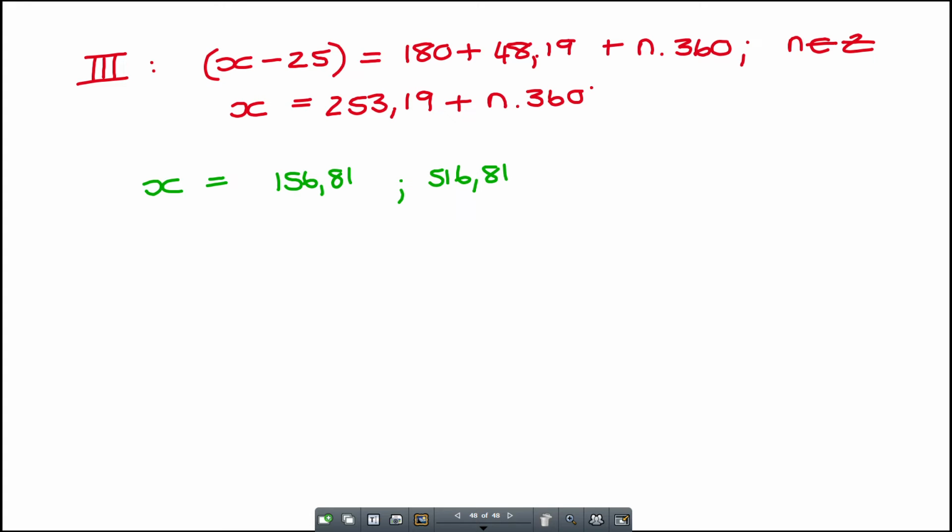Okay, so hy mag nie daar wees nie. So I substituted 0 and I substituted 1. 1 was already out of bounds, so okay, gaan nie verder nie.